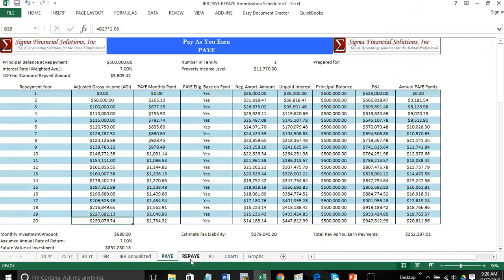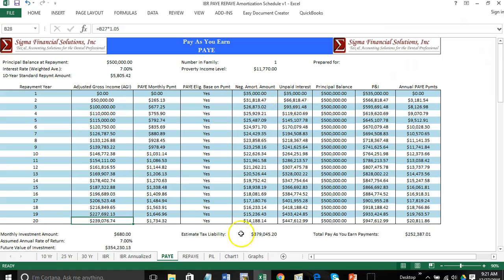With Pay As You Earn and REPAYE, your monthly payments would be about $1,700 per month at an AGI level of about $239,000. So you get a sense of what's happening here in terms of the monthly payments, how much interest you're not paying during the course of this 20-year repayment period.